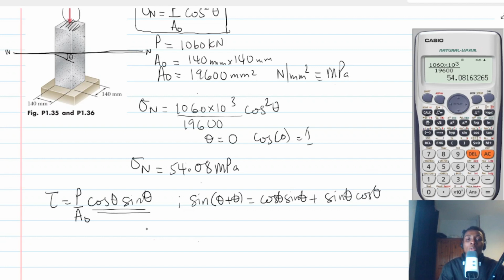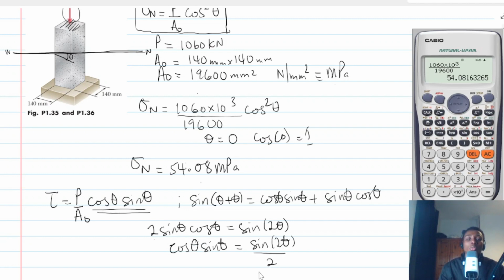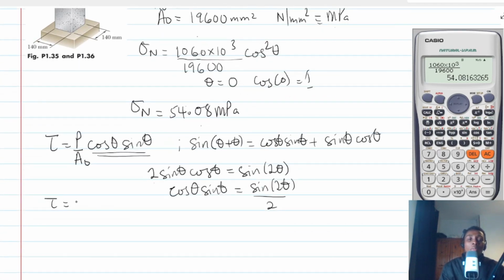Simply put, 2 sine theta cos theta is the same as sine 2 theta. So cos theta times sine theta is sine 2 theta divided by 2. I can rewrite the shear stress as P divided by 2A naught, times sine 2 theta.